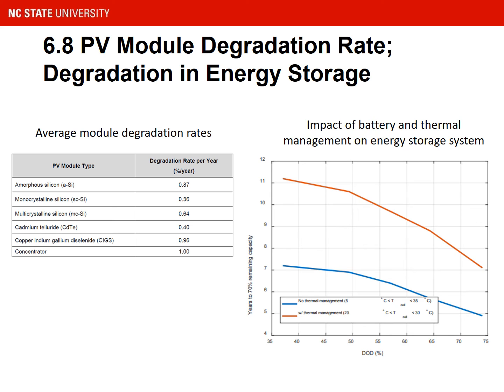The graph was pulled from NREL's paper Life Prediction Model for Grid-Connected Lithium-Ion Battery Energy Storage Systems. There are many factors that cause system degradation, so each project should have a unique O&M plan to try and get the most out of the system.